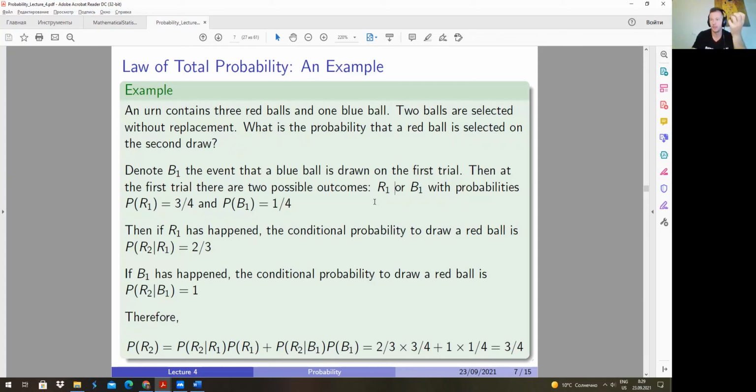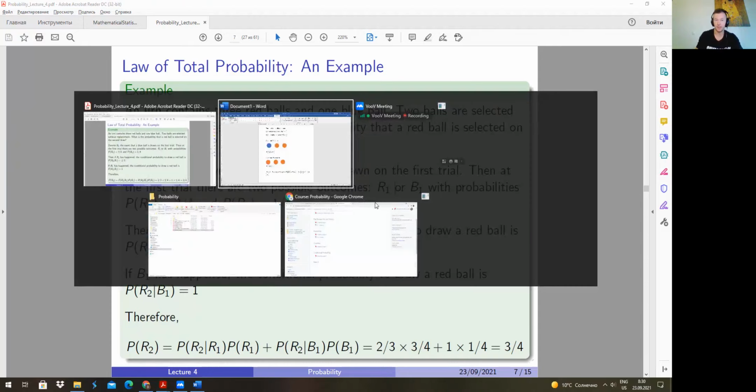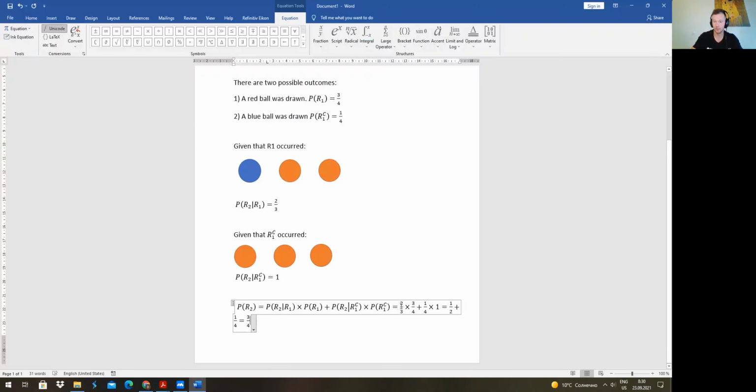So one piece, how you will arrive at the red ball on the second step. You need to take the red ball on the first step, and then from the leftovers you will also take the red ball on the second step. Why? Because the probability of a red ball on the second step depends on what you have on the first step. This is one way, and that's how we calculated this first part.